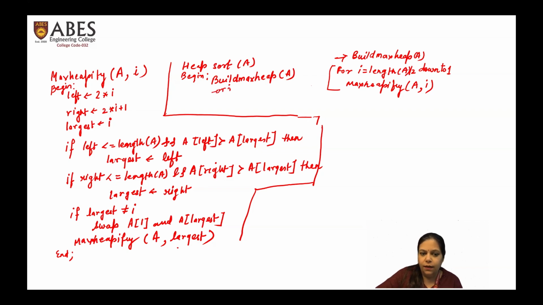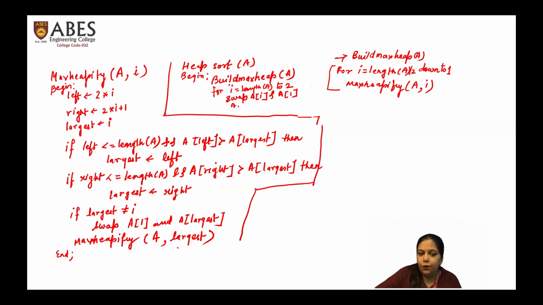So for this, we can say for I taking the value from length A down to 2, because the last node need not be swapped, we have to swap A of I, that is the last node, with A of 1, which is the root node, right?